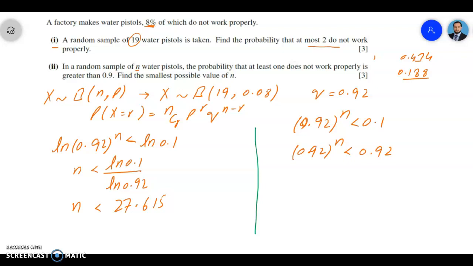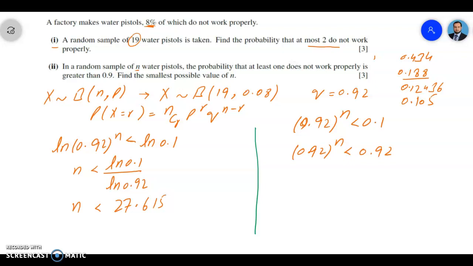Let's try 25, which gives 0.12436. Still getting closer, so let's try 27, which gives 0.105.